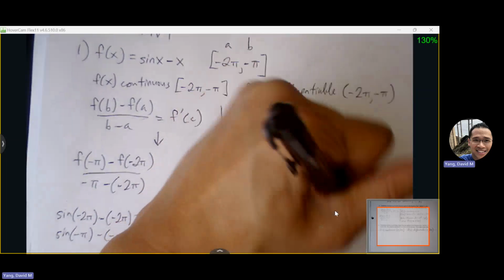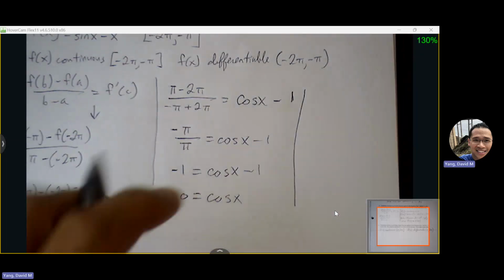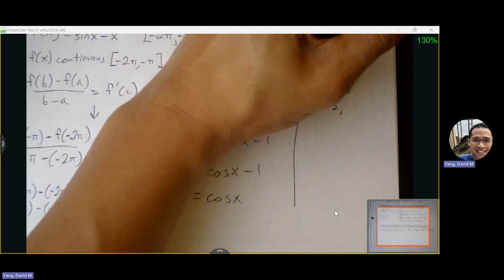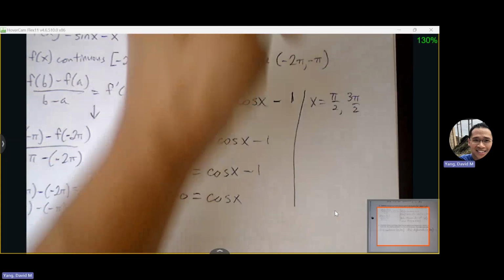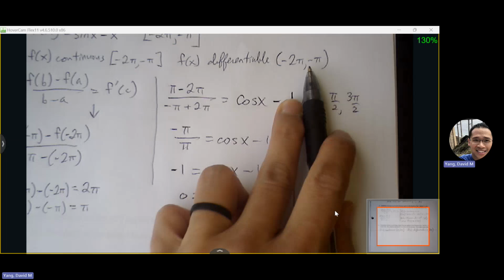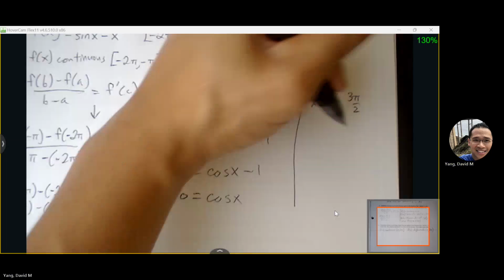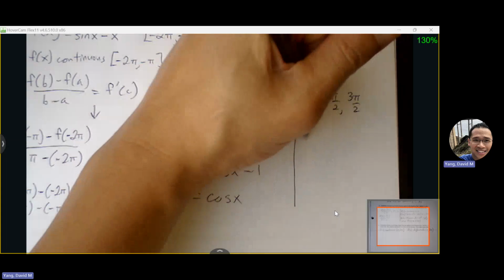And now we can think about where's cosine equal to 0. Cosine is equal to 0 at pi over 2, 3 pi over 2. But we want to find something that lands inside this negative 2 pi to negative pi region. So I can subtract 2 pi from both of these, see if I can get something that lands inside that interval.